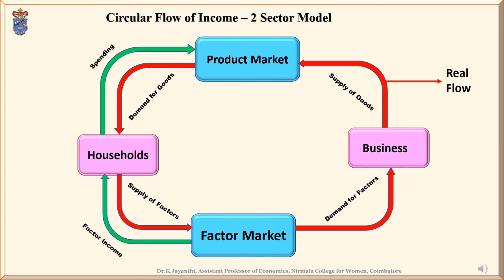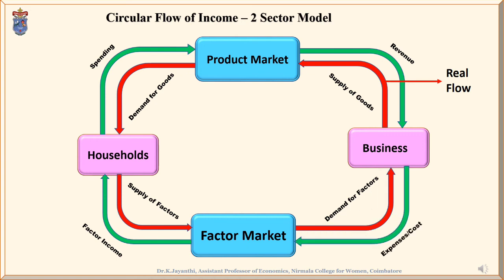The business sector, by selling the goods in the product market, receives money in the form of revenue. The business sector makes payments to the household sector for buying the factor services to produce goods, which constitutes the cost of production.